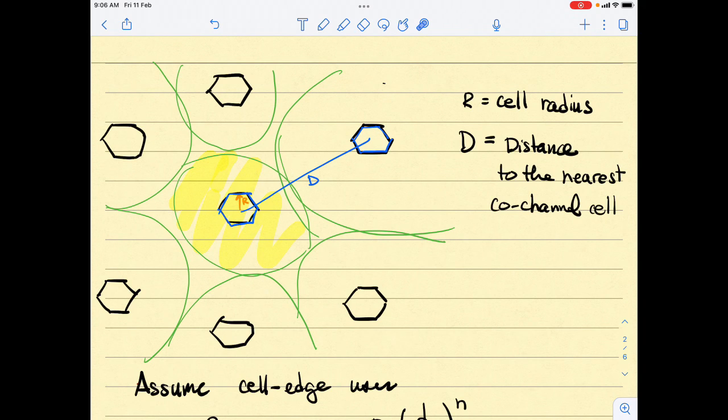There's this one, this one, this one, this one, and this one. So there are in total 6 co-channel cells closest to the cell in the middle, and all of them are distance d apart.